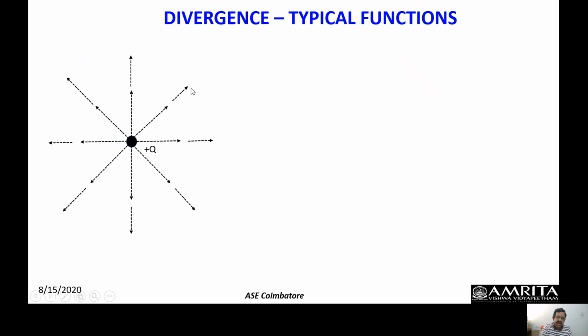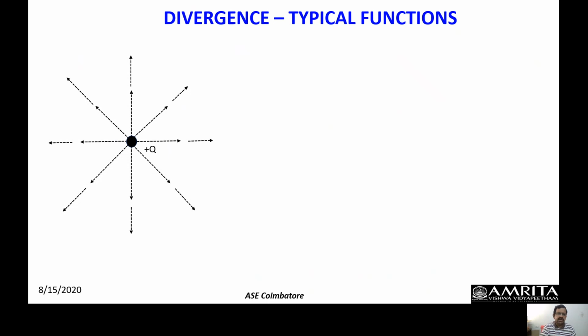When I say it is an arrowhead, it means the field is pointing radially outward, and this is a positive charge, so it should point radially outward. As I go farther from the charge, I am going to have a 1 by r square dependence, which means the field lines have to decrease. This is indicated by this arrow at this point, and only a few lines are represented here, just to give you an illustration, that's all.